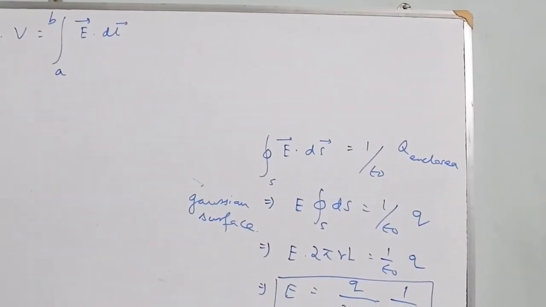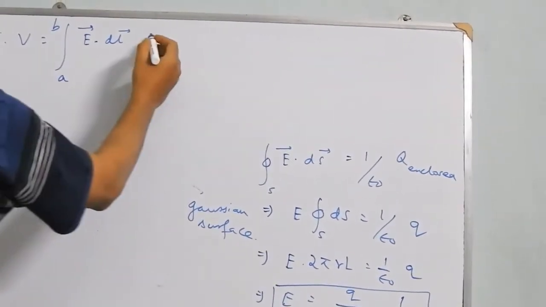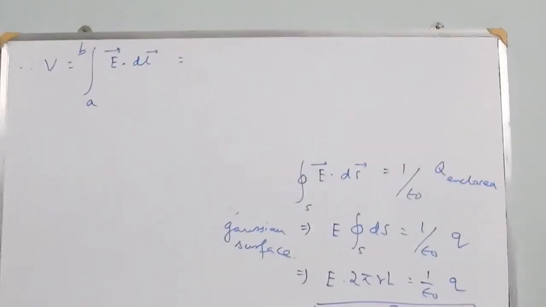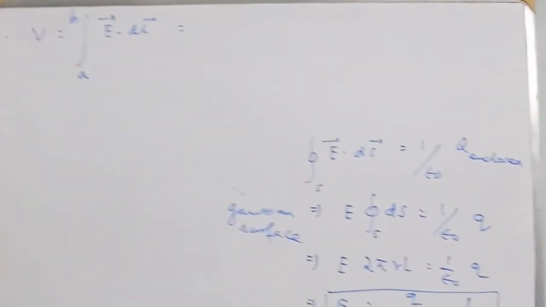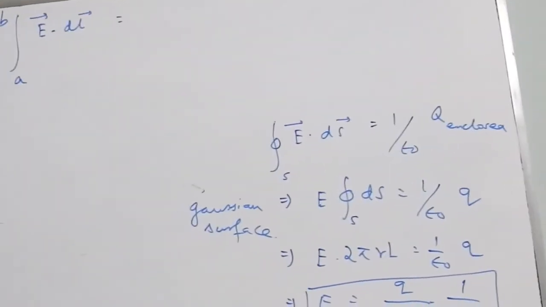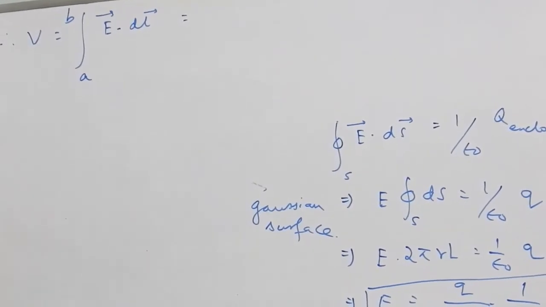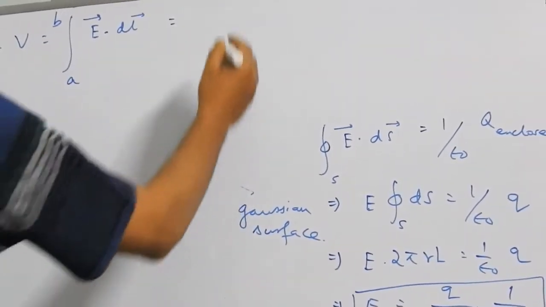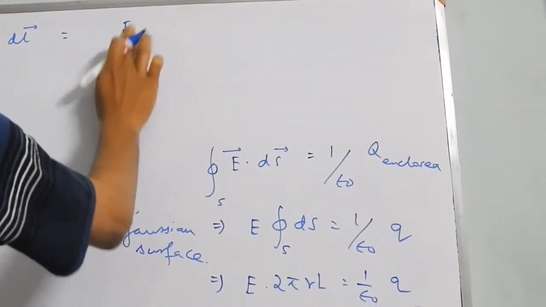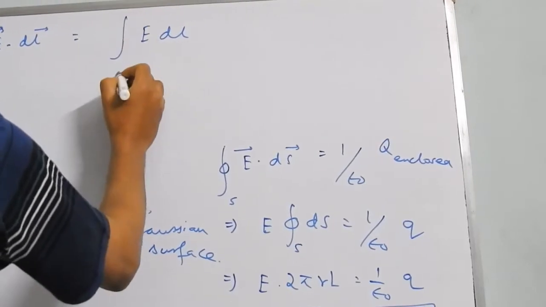E vector and dl vector are in the same direction, because the dl vector will represent integration along the path connecting the inner cylindrical surface with the outer cylindrical shell. So this we get as E dl in the sense from a to b.